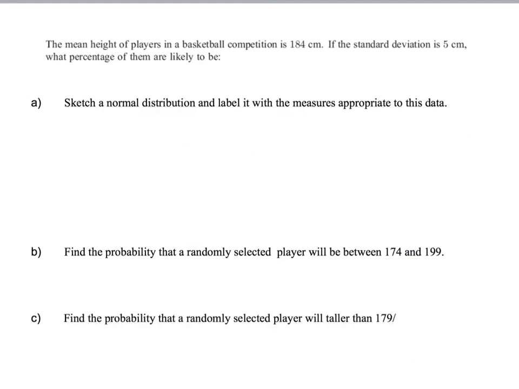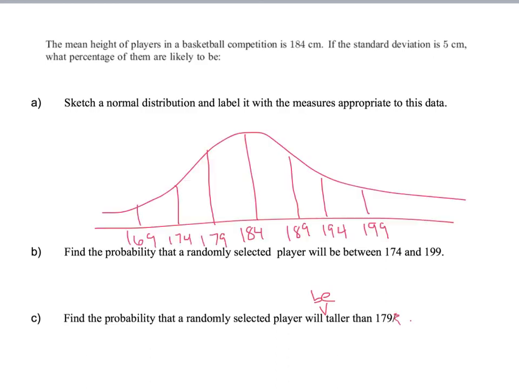Then we want to find the probability that a randomly selected player will be taller than 179. Looking at my distribution again, 179 is here, so it's all the data greater than that 179.